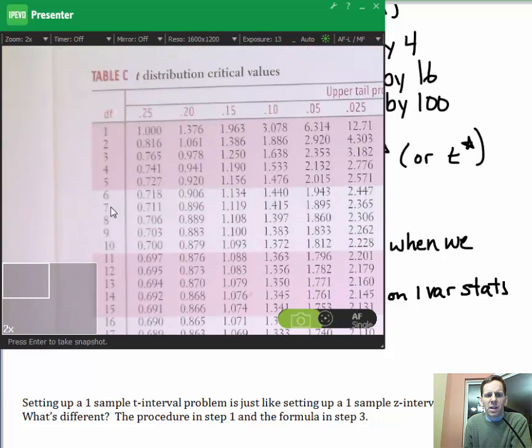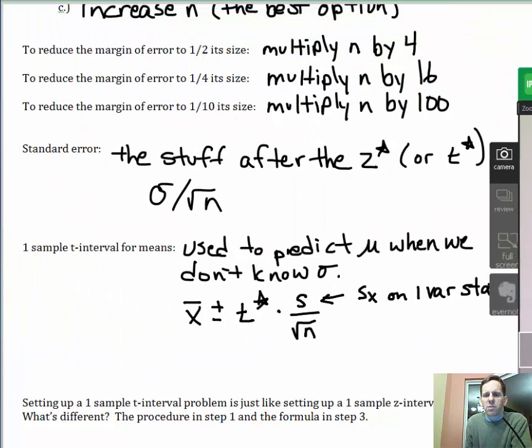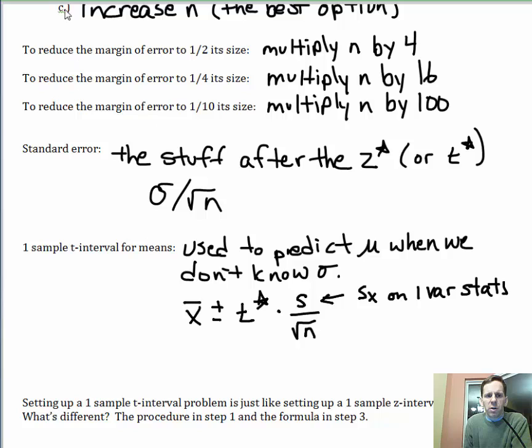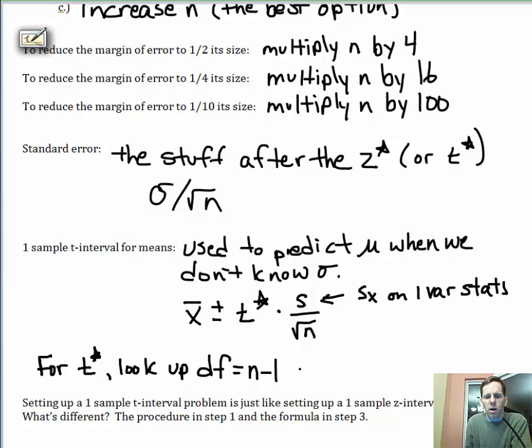It's highlighted by this thing that says df. df stands for degrees of freedom. And degrees of freedom is equal to the sample size minus 1. So for t star, you want to look up the degrees of freedom, which equals the sample size minus 1, and the confidence level. And we'll practice this in just a moment.